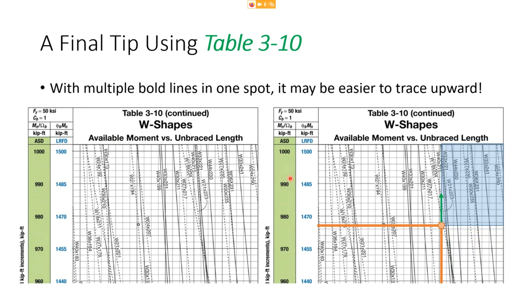If you're having a hard time figuring out which line to use, instead of tracing up and to the right, you can trace upwards. Again, that only happens if the lines get crowded, but that's another way to do it. If you do that, you might have to turn from page to page to get it to work right. But with more practice, this will become pretty doable.